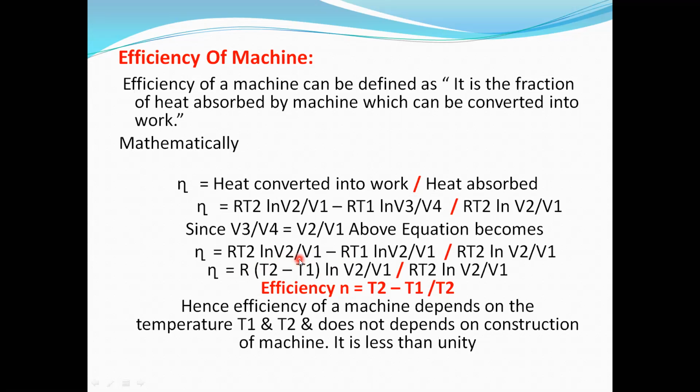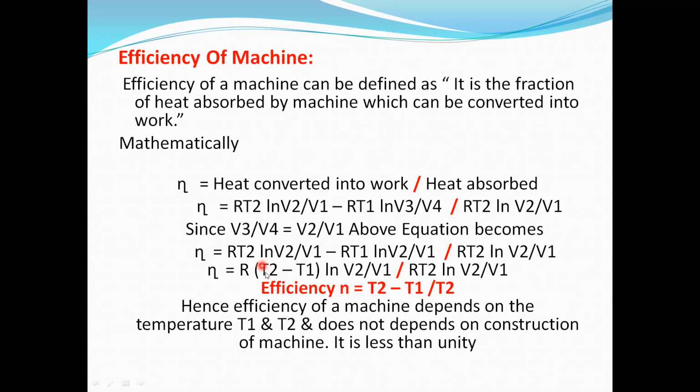This ln V2 by V1 and ln V2 by V1 is also common. We are seeing only the numerator, we do not take the ln V2 by V1 in the denominator. So R and ln V2 by V1 from these two are common.